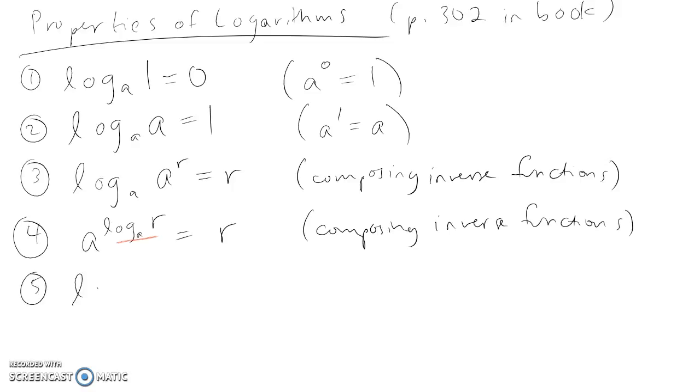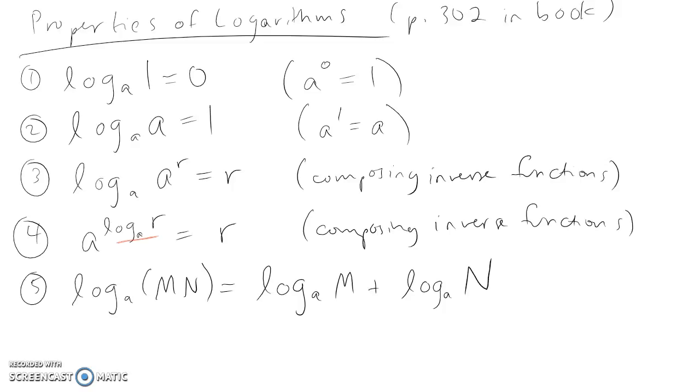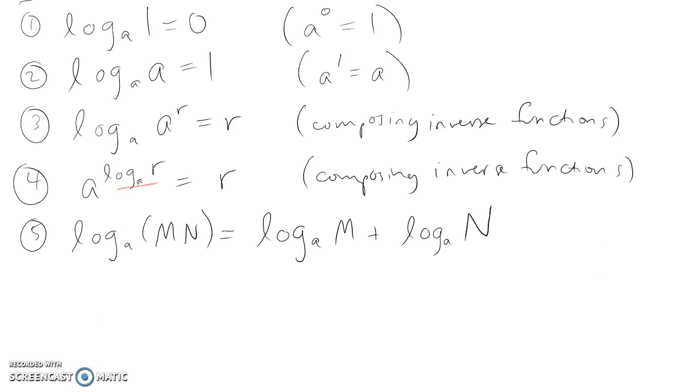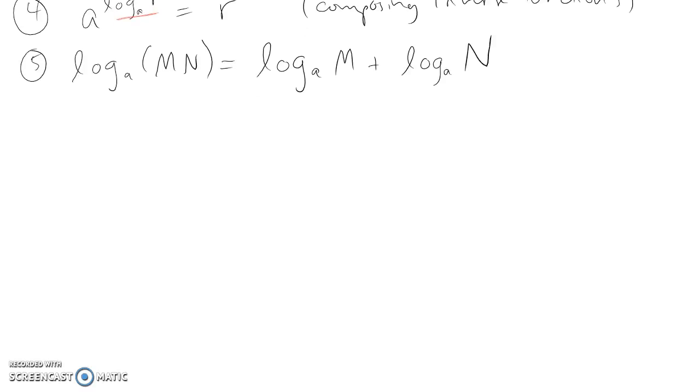All right, the next property, very useful: log base a of m times n turns out to be log base a of m plus log base a of n. Well, why does this work? Let's take a look at a little proof of it.